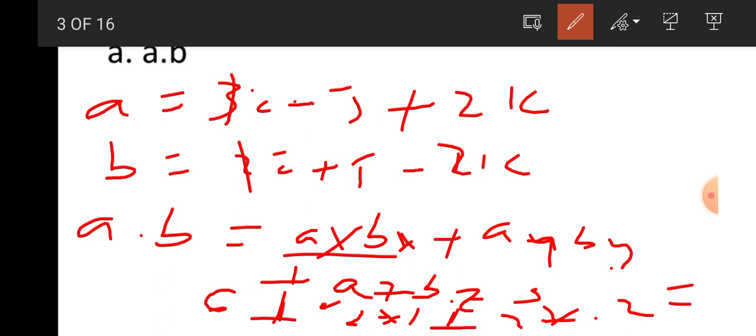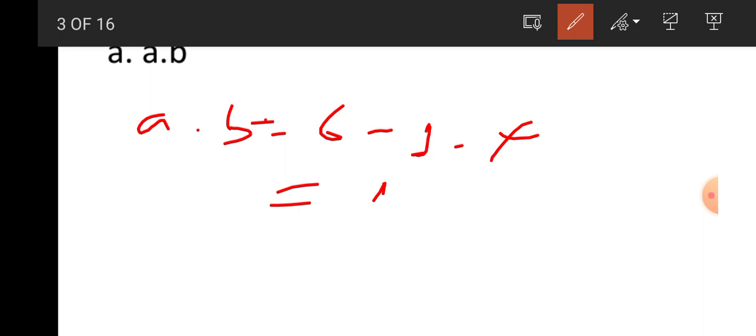So this is equal to 1. ይሄ ማለት a dot b is equals to 6 minus 1 minus 4 which is equals to 1. A dot b is equals to 1.